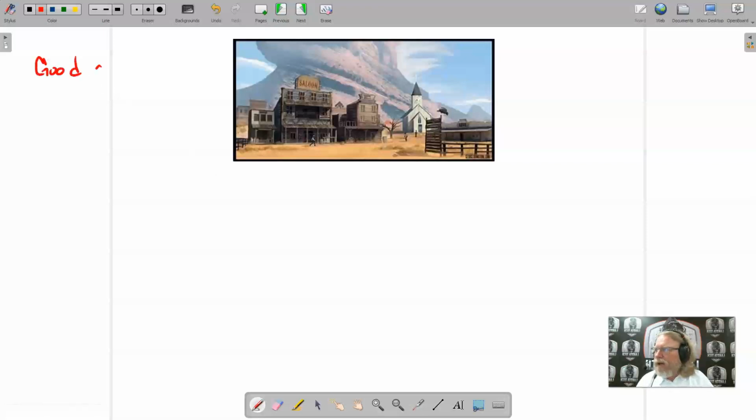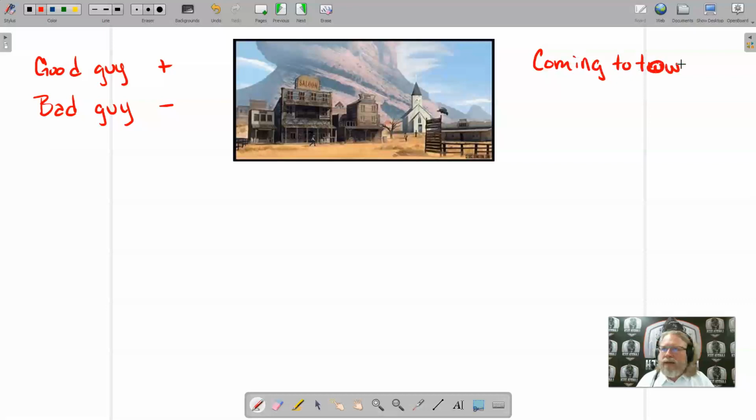We're going to call it good guy is a plus. And a bad guy is a negative sign. And we're going to say that coming to town, we'll say that's a good thing, and we'll use a plus for that, and we'll say leaving town, we'll say that is a negative sign.